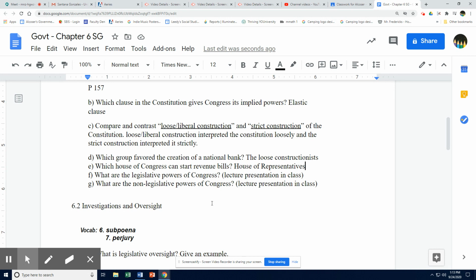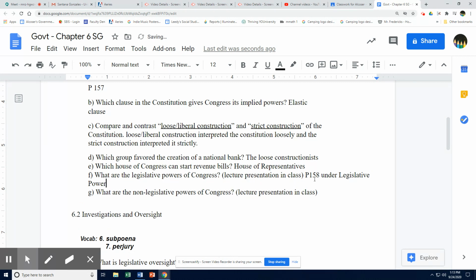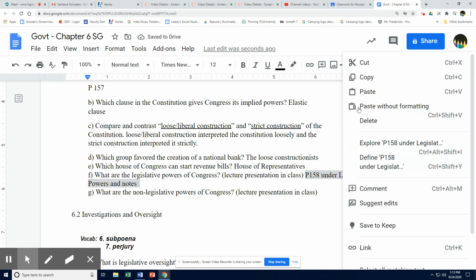I'm going to put page 158 under legislative powers for both of these. And then also you can look at your notes for class. So I'll just put that on both of these.